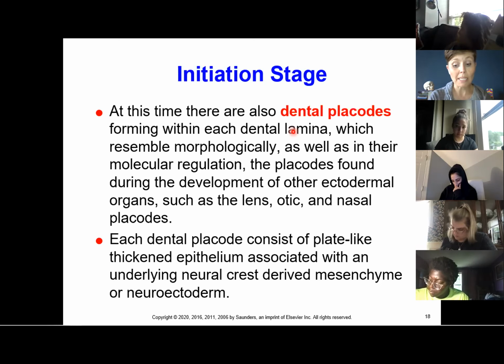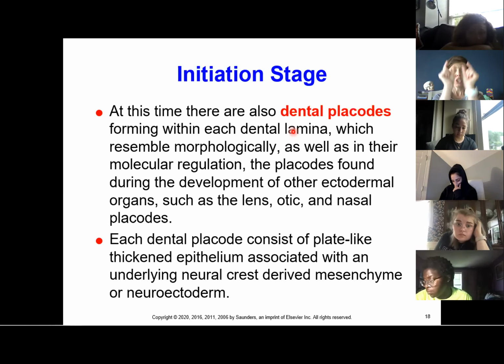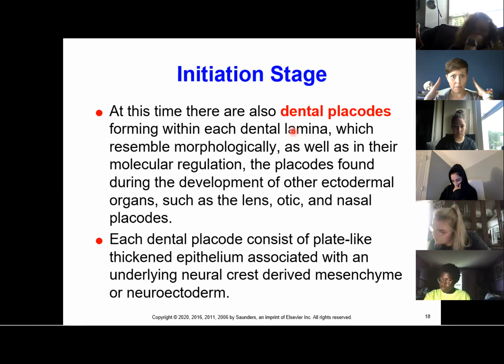The dental lamina begins to form initially at the midline for both arches and progresses posteriorly. So it starts at the midline, which is why we usually get our front teeth first, and then it develops back. Does that make sense?